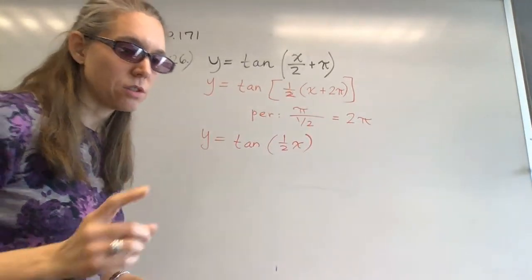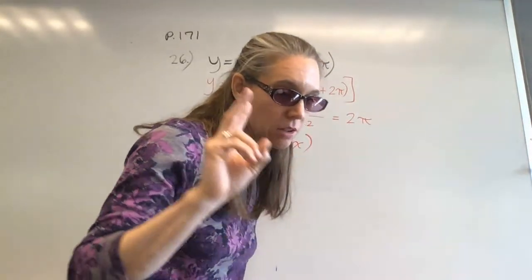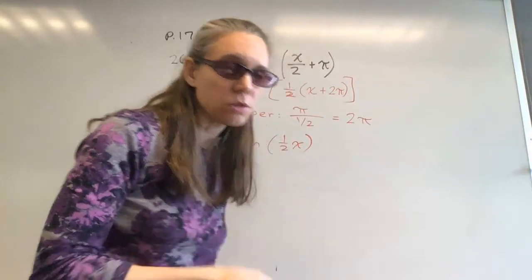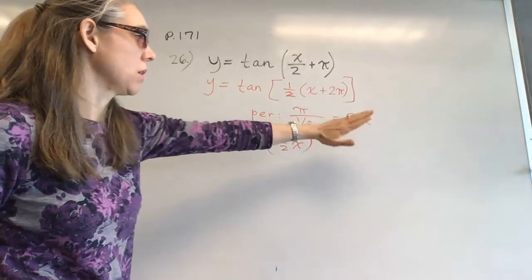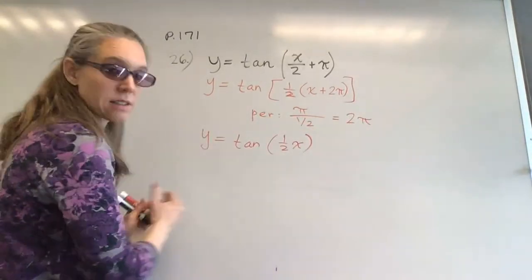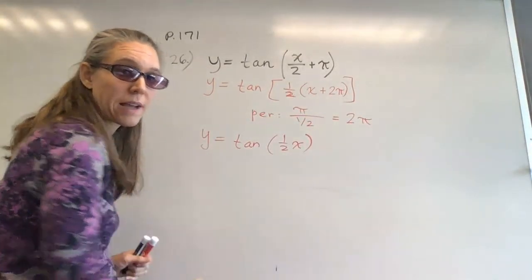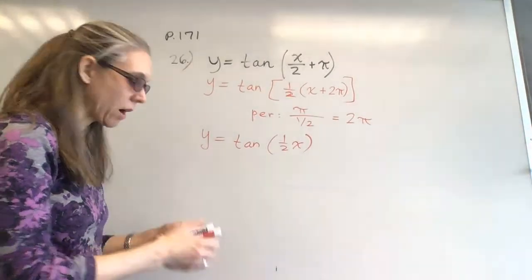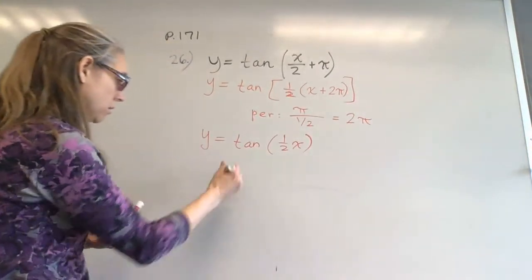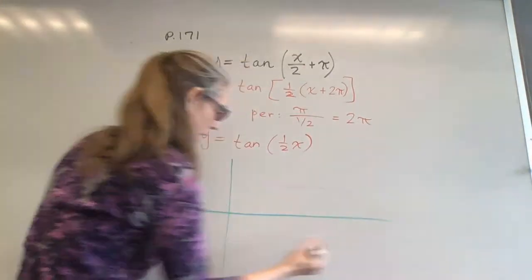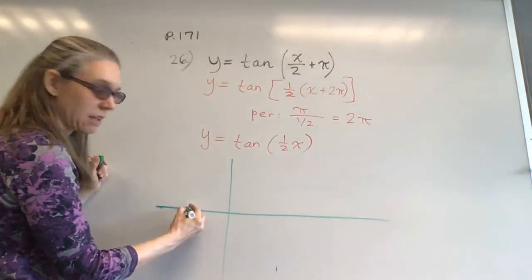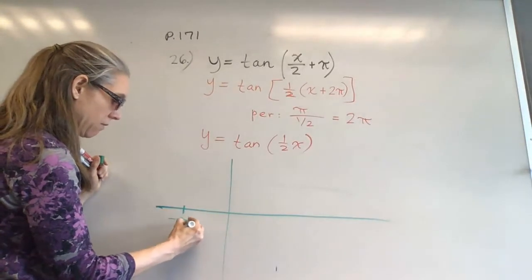We only have to do, actually here we're doing 2 period intervals. So for a 2 period interval, knowing that we have a period of 2 pi, that's going to span a total of 4 pi. Now tangent straddles the y-axis, so what I would want to do here is have part of the graph to the left, so this will be negative pi.